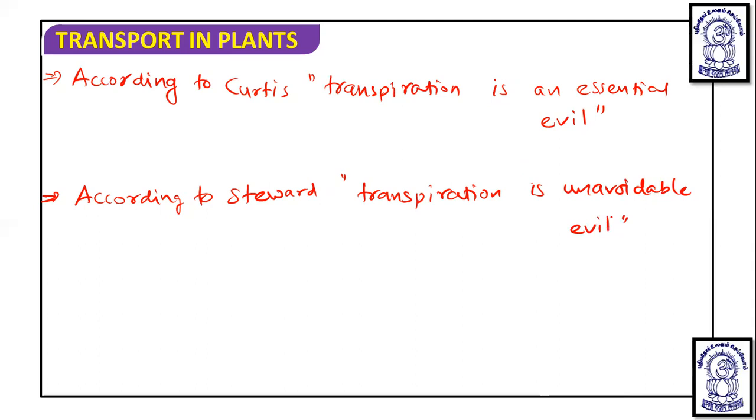Okay, because at higher humidity, although transpiration is negligible, the stomata remain completely open. And if the stomata are open, transpiration is going to occur when the temperature increases. So if temperature increases, the transpiration is going to occur, so it cannot be avoided. Because of this, it is known as an unavoidable evil, and those are some facts.